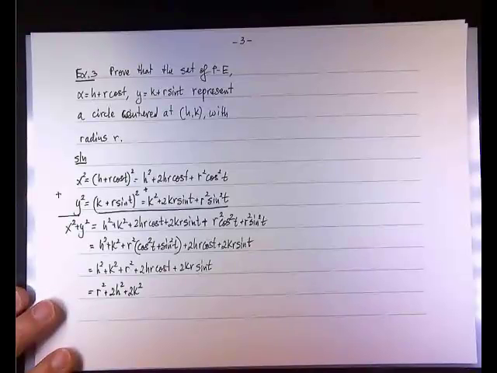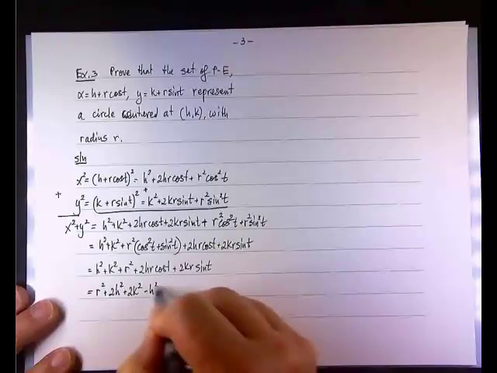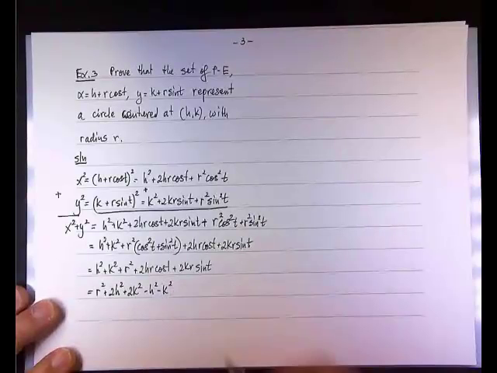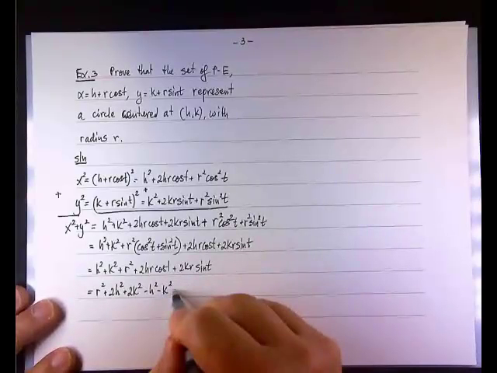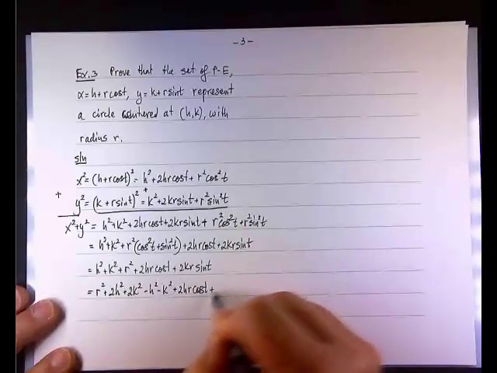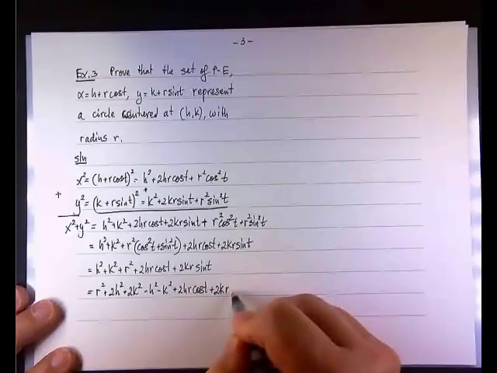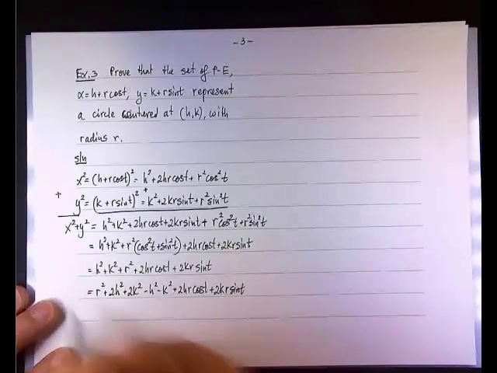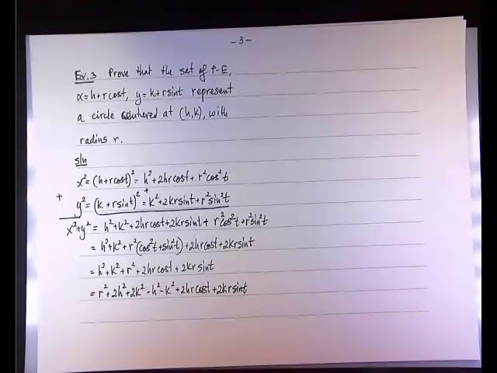Okay? And instead of k squared, I'm going to write 2k squared. So I added h squared and I added k squared, right? So immediately I need to subtract one of each. And then I have plus 2hr cosine t plus 2kr sine t.